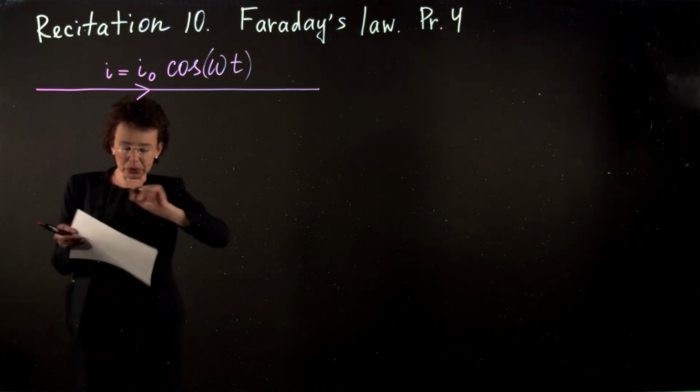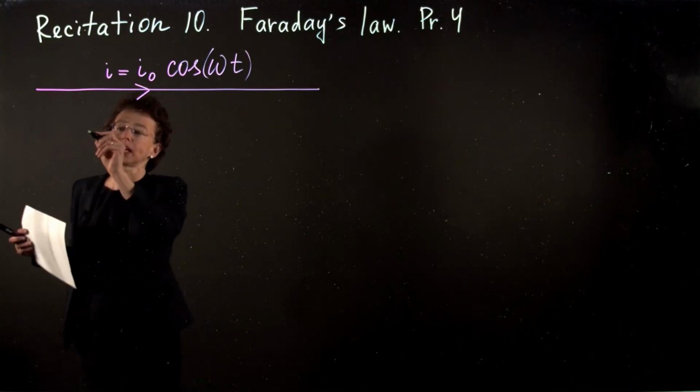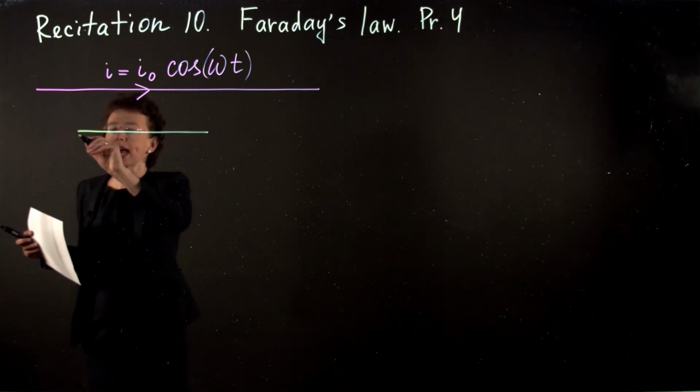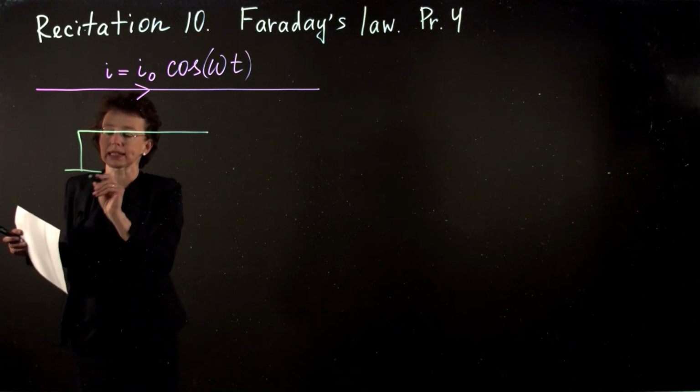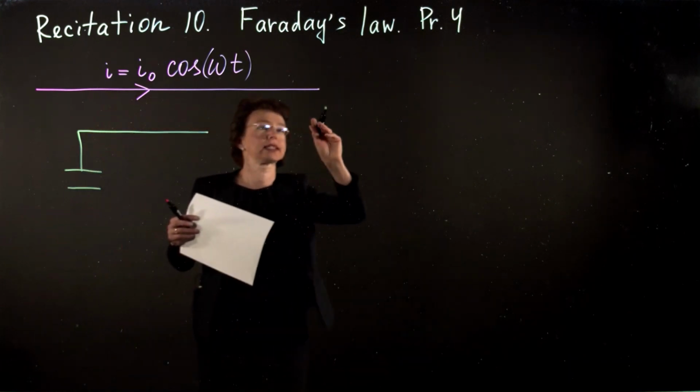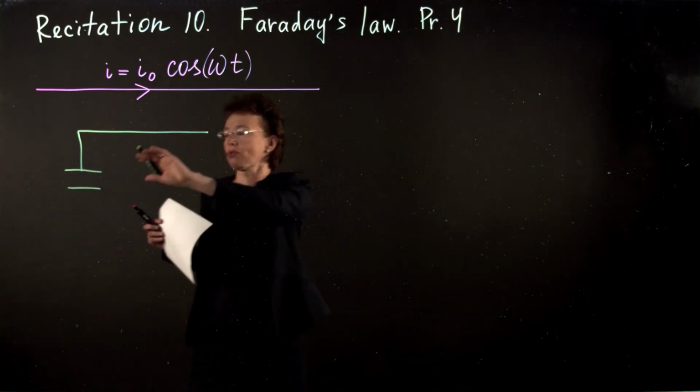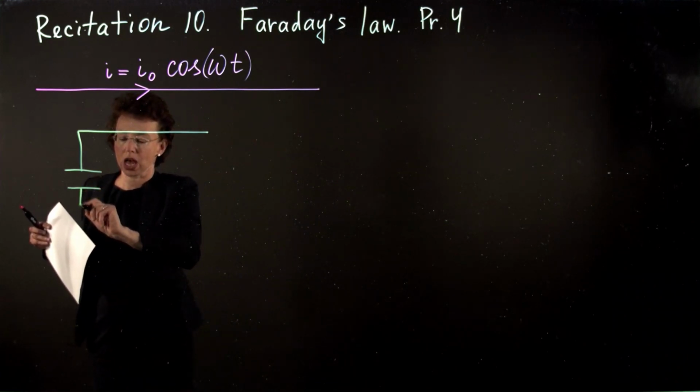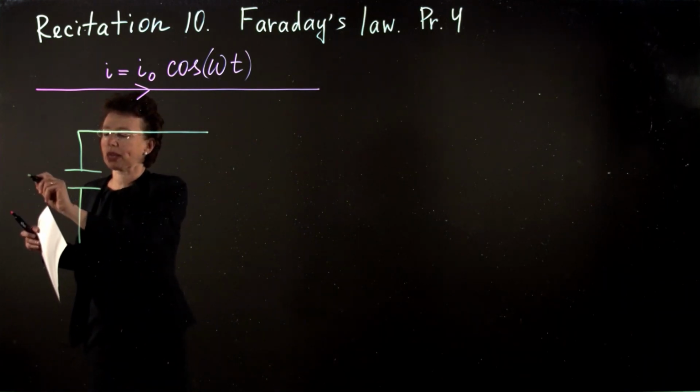And then we will have a circuit, and this circuit has zero resistance. It's given that the resistance of this circuit is zero, but it has a capacitor with capacitance C.